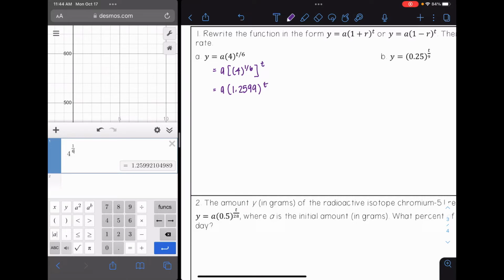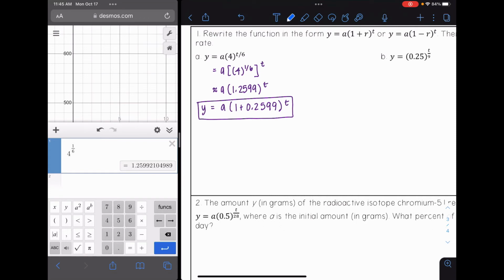For my last step, I just need to rewrite this in the form 1 plus r or 1 minus r. Since this is bigger than 1, it's going to be 1 plus r. So y is equal to a times (1 plus 0.2599) raised to the t.